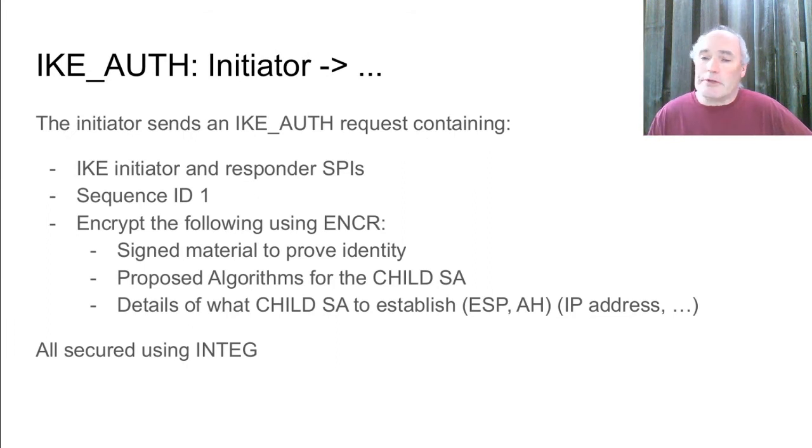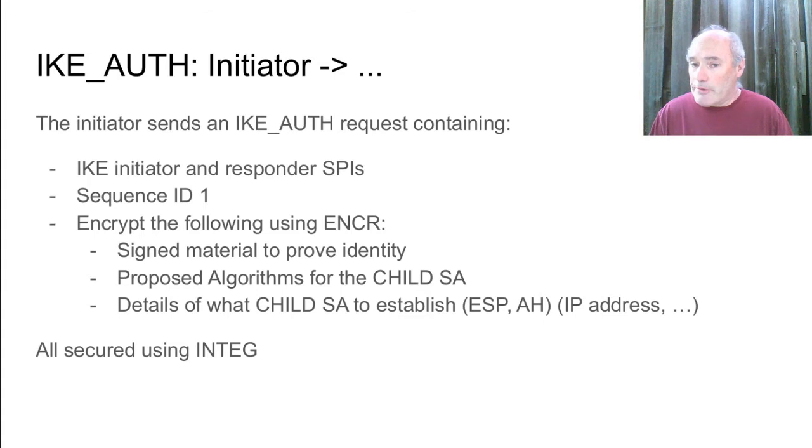So now the initiator, using the secure information, sends out its and the responder's SPI, the sequence ID. This is now packet 1, and then all bundled up and encrypted, enough information to do a proof of identity, the IDi, because I know this and no one else does, nonce being part of that, various other things.